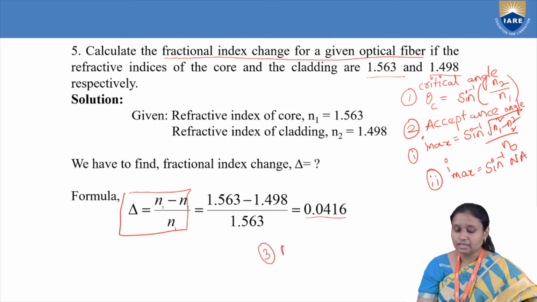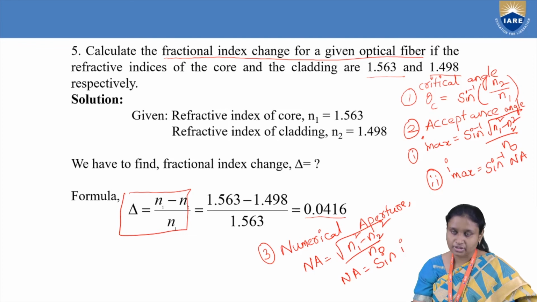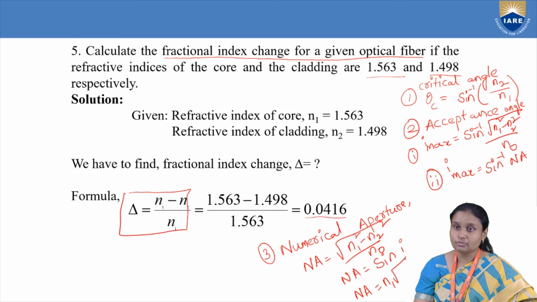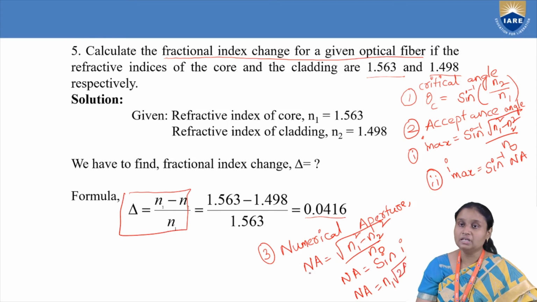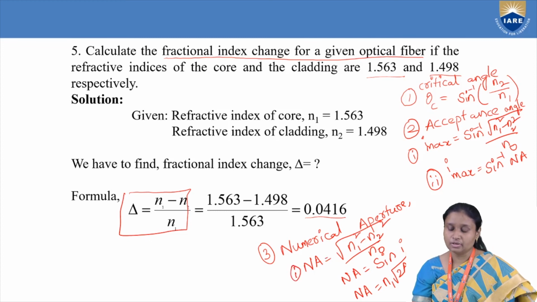And coming to the numerical aperture, how can we find it? In order to find numerical aperture, there are three formulas. The first formula is square root of n1 square minus n2 square, divided by n0.